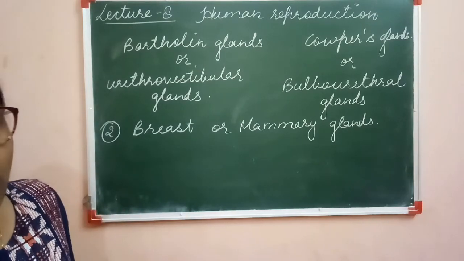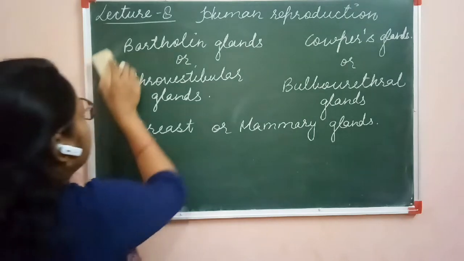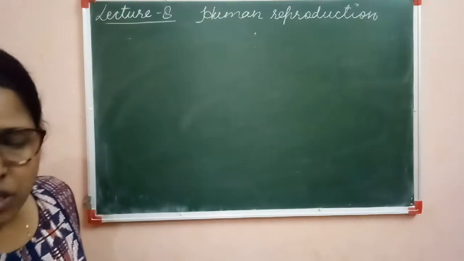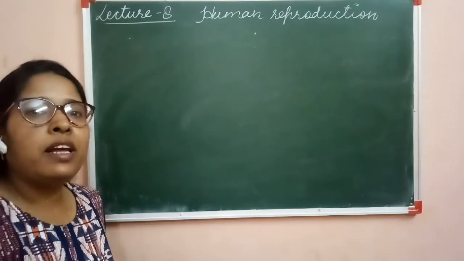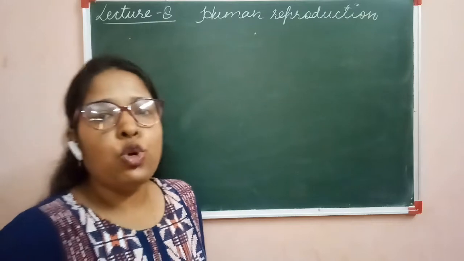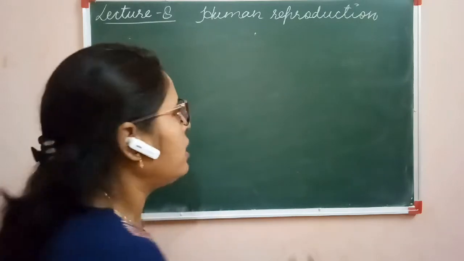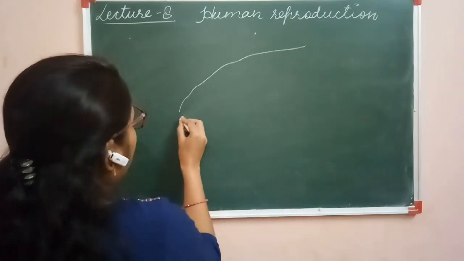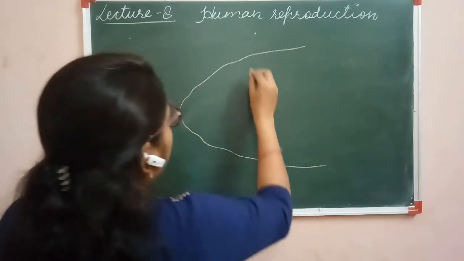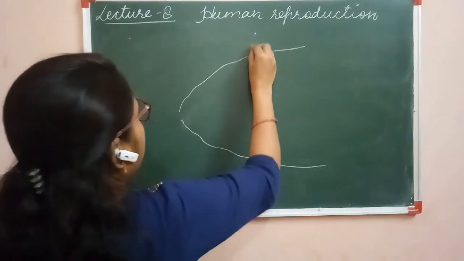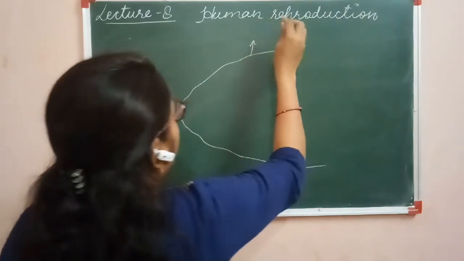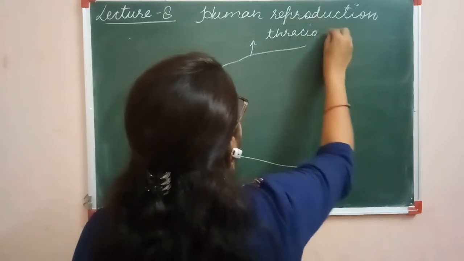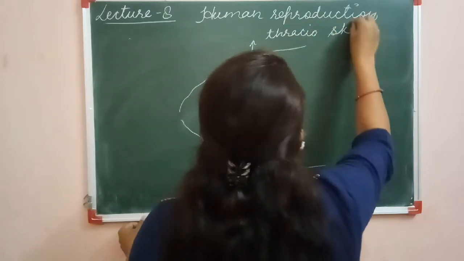We have to draw the structure of mammary glands. A pair of mammary glands are present in human females in the thoracic region. This is the thoracic skin in which the mammary glands are present.